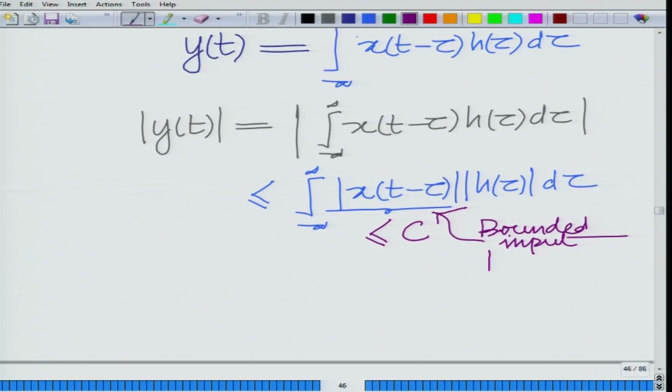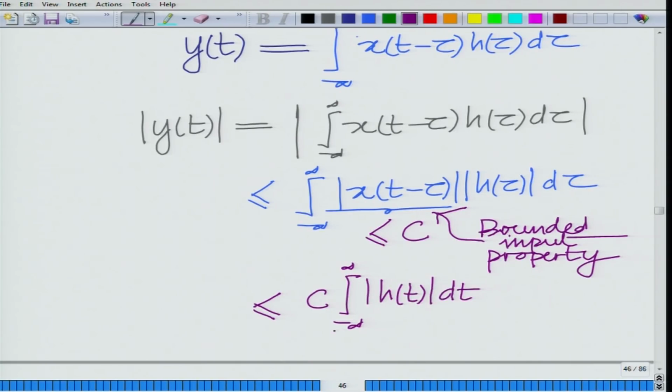This follows from the bounded input property, which implies this integral is less than or equal to c times the integral from minus infinity to infinity of magnitude h of t dt. This we said is alpha, so this is equal to c times alpha.